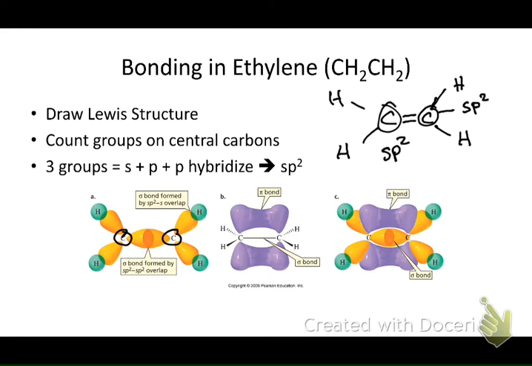This kind of bond that goes directly between atoms is known as a sigma bond. The double part of the double bond is made from, remember when we do sp3 or sp2, there's one unhybridized p orbital? The double bond part of the double bond is made with those p orbitals.